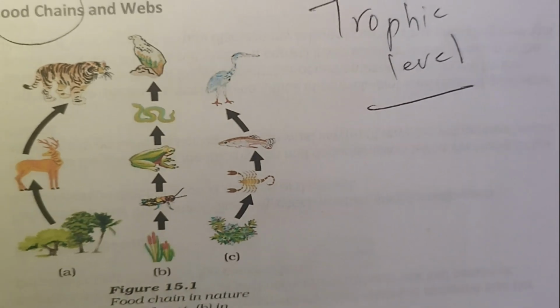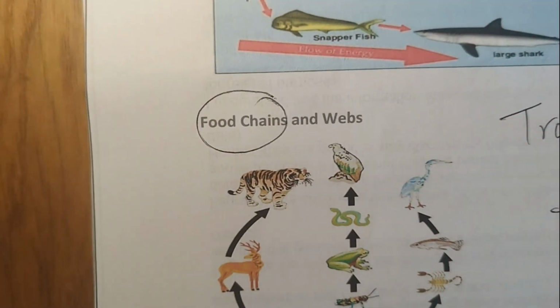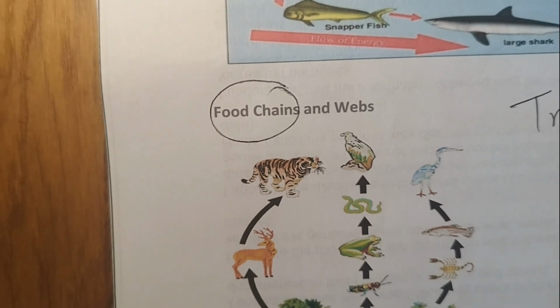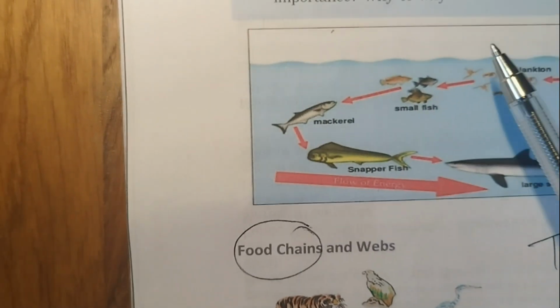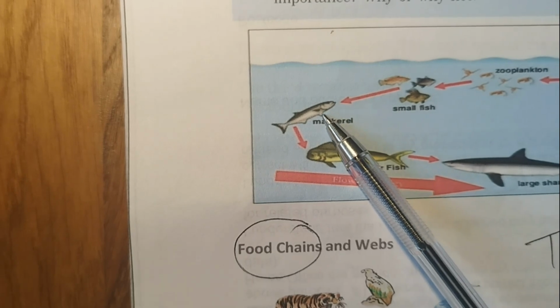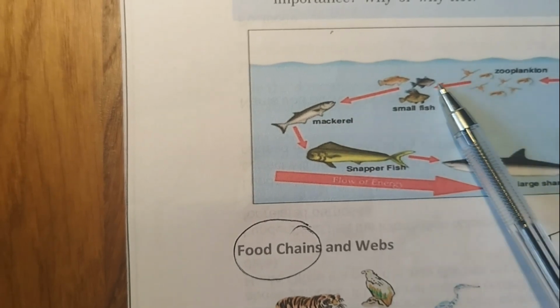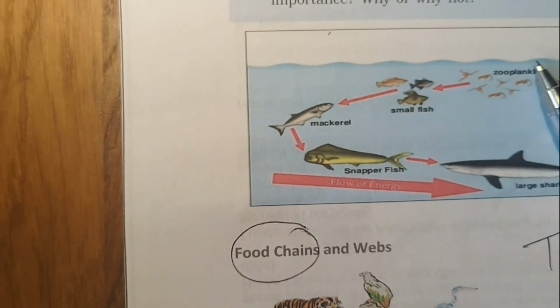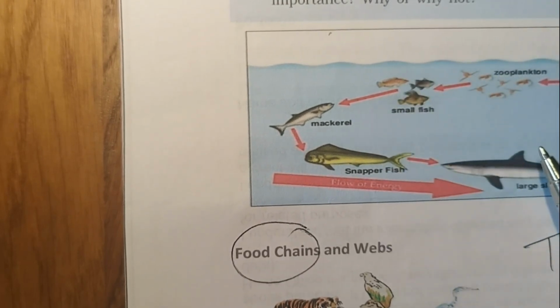The interaction among various components of the environment involves flow of energy. So energy flows at different levels, from the sun to the producer to the different trophic levels.